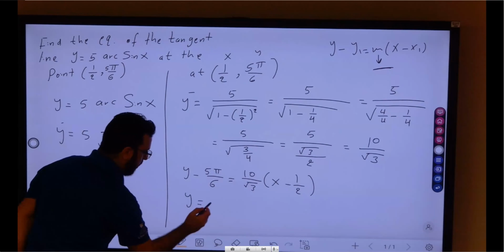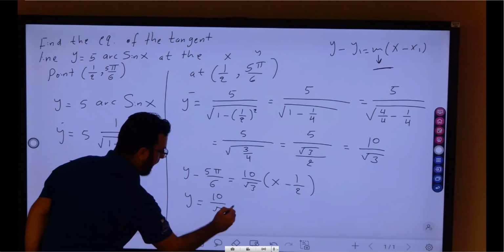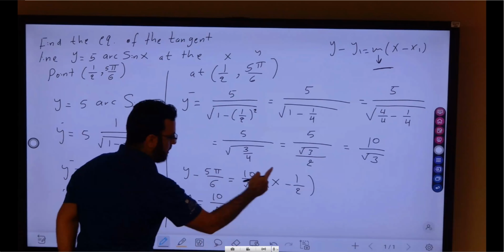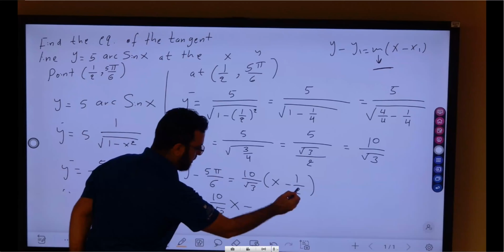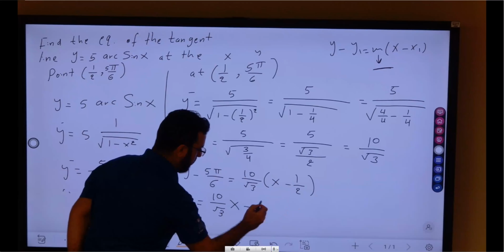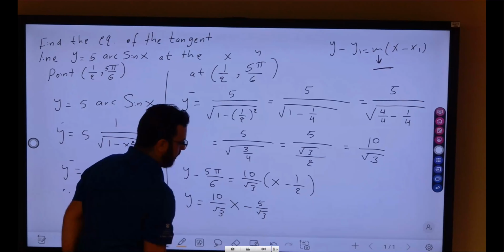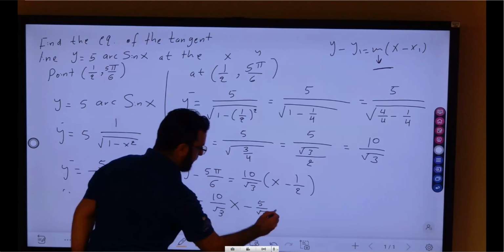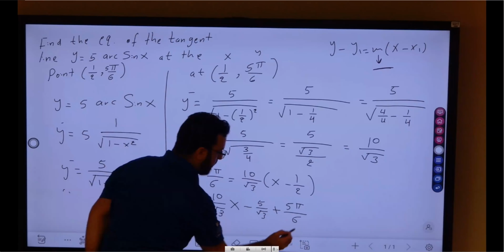Y equals 10 over the square root of 3 times x, minus 10 times this one. 10 with the 2 is going to be 5 over the square root of 3. And we're going to move this one to the other side, so plus 5 pi over 6.